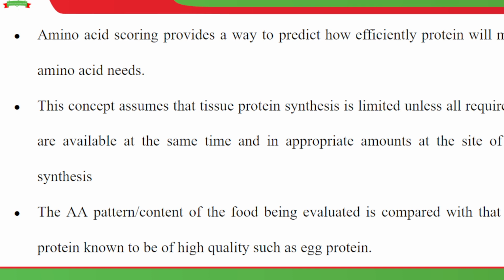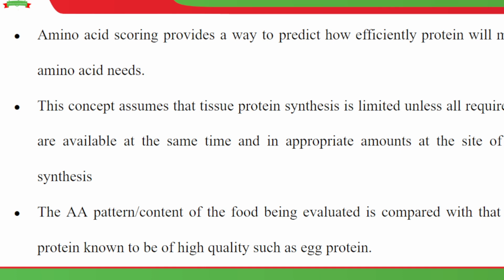All of them should be available at the site of the synthesis. Once I'm synthesizing collagen at a particular site, all the required amino acids should be available. Once one is missing, or it comes in later on, the process does not occur appropriately. That's just the assumption behind the amino acid score.